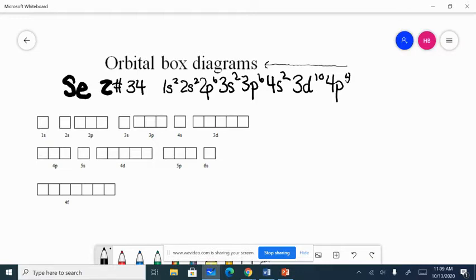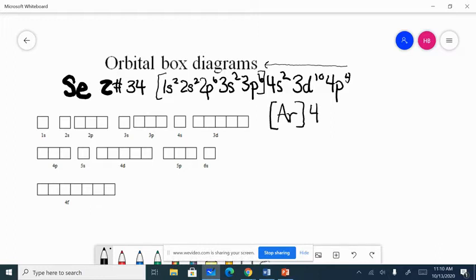Remember, my electron shells end at 1s2, 2p6, 3p6, 4p6, and 5p6. So I'm going to go backwards to 3p6. If I look on my periodic table of the elements, I will see that 3p6 here is argon. So when I write argon in brackets, I'm going to represent all 18 electrons that belong to argon.